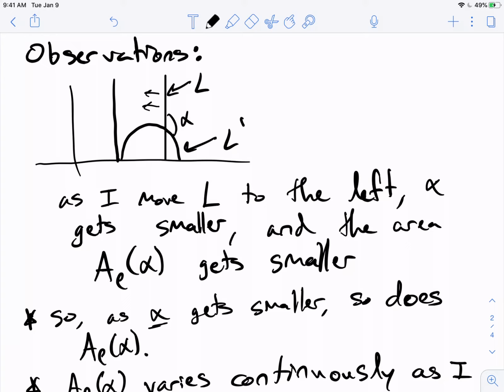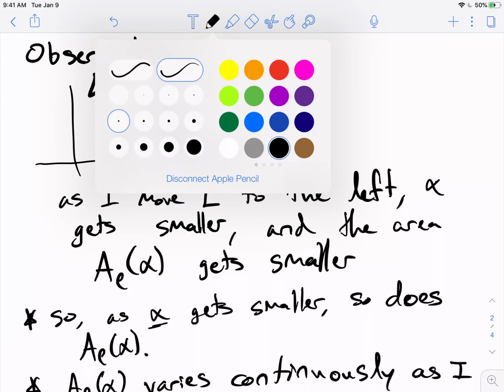So alpha gets smaller and smaller as L goes to the left, and as this L approaches this third geodesic, L double prime, notice the area goes to 0. The space in here collapses completely, and that corresponds to alpha also going to 0, right?